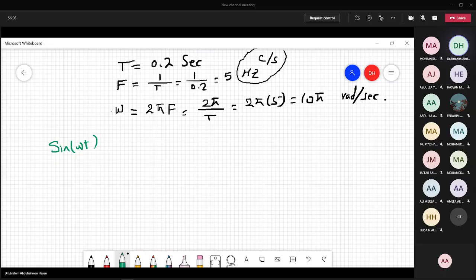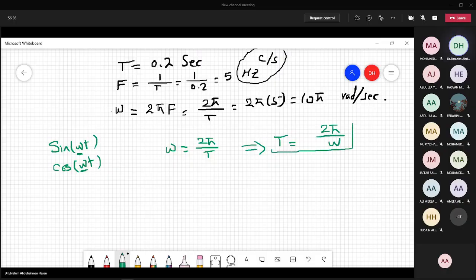How do we find the period for sine or cosine? Given omega, we know that omega equals 2 pi divided by T. So from here, T equals 2 pi divided by omega. This is the period.